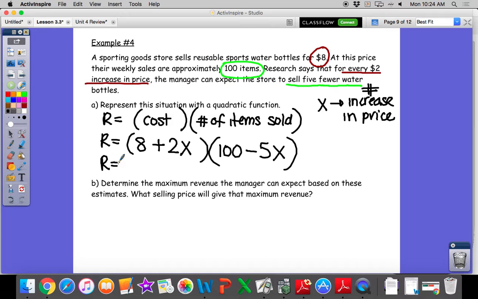So first I'm going to multiply the first terms together to get 800. Then I'm going to multiply the outside terms to get negative 40x. I'm going to multiply the inside terms, positive 200x. And finally, I'm going to multiply the last terms together to get negative 10x squared.